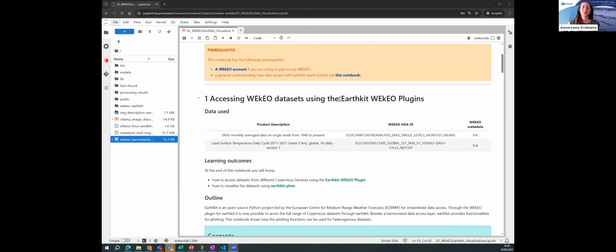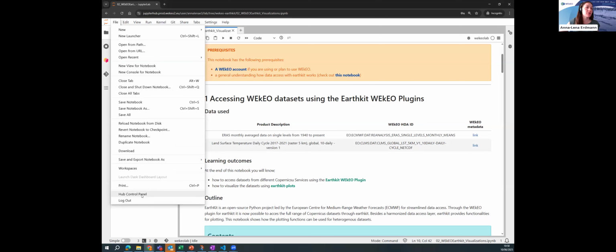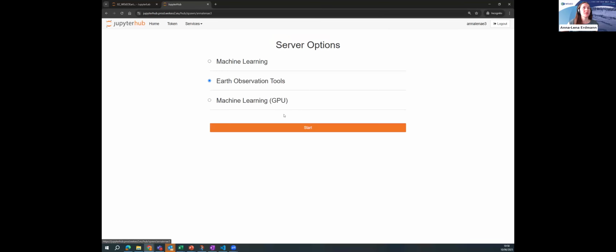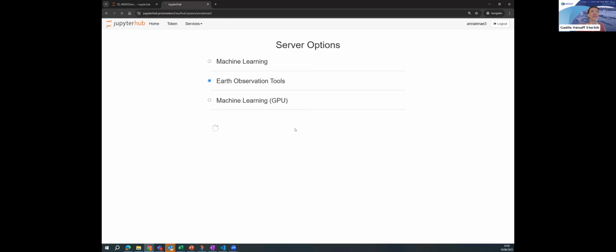Exactly. So when you're sure that you're not on a GPU server, you can just go to File and then the Hub control panel, and then you can stop the server. And if you stop the server, you can start the server, and then you have the choice again. Okay. Thanks. Good to know.